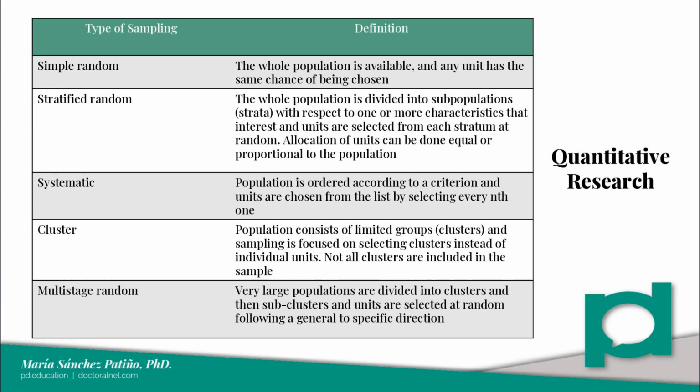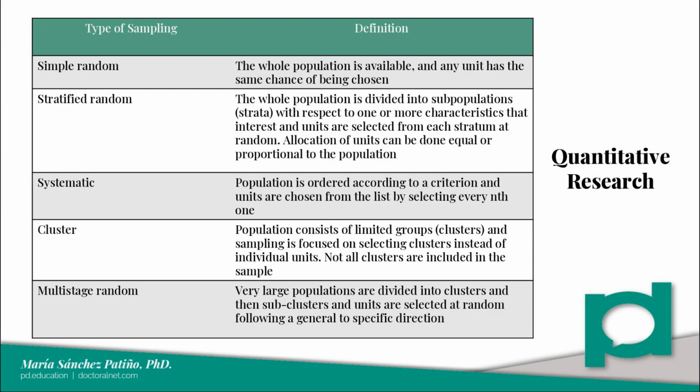And let me give you another example, multi-stage random. This is complex. You want to know what social network European people in their 40s prefer. Since the population is too large, you decide to use multi-stage random sampling. First, you divide it into countries and choose some of them at random.